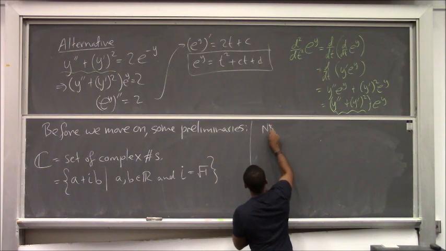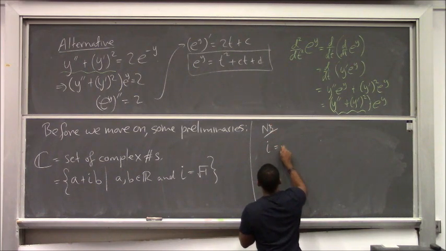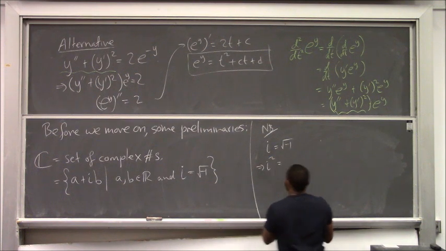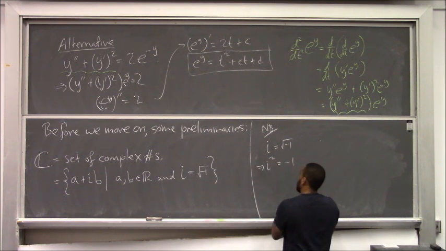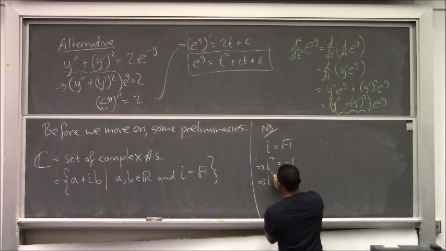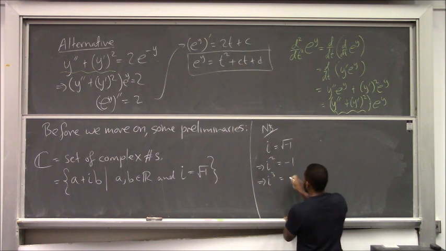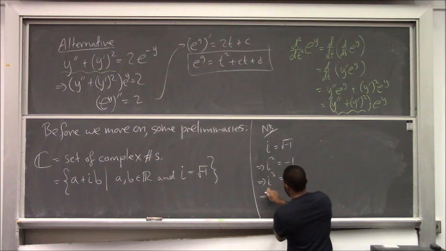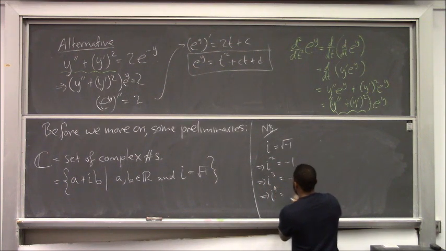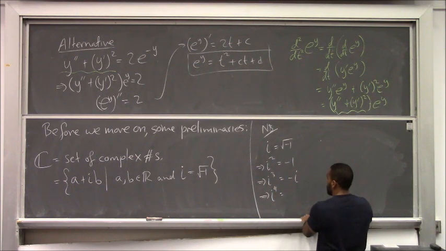So note, if i equals the square root of -1, what is i squared? -1. If you cube it, what do you get? Minus square root of -1. Well, minus i, right? And if you raise it to the fourth? Plus 1.